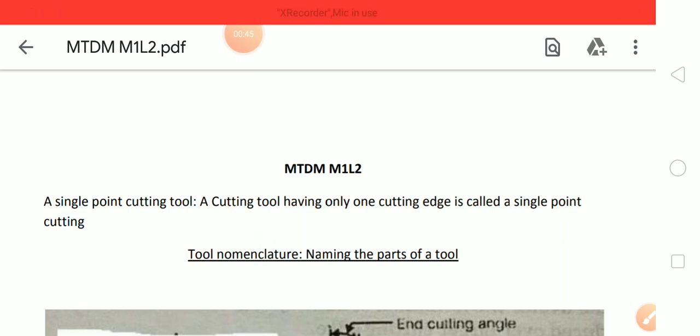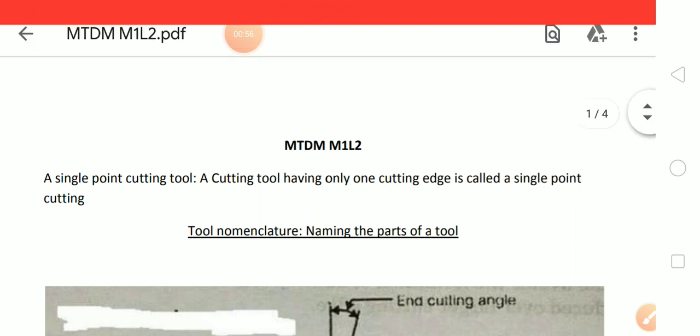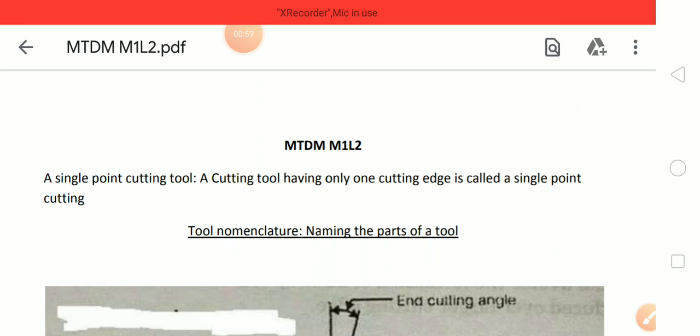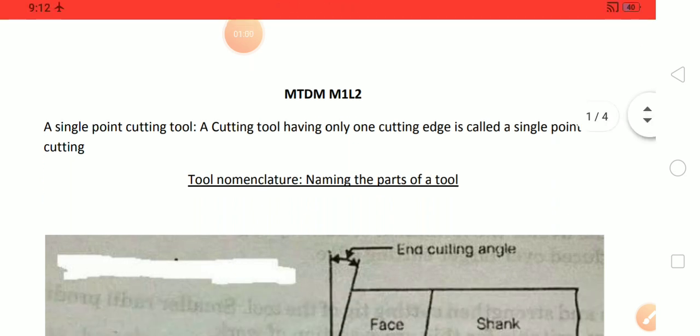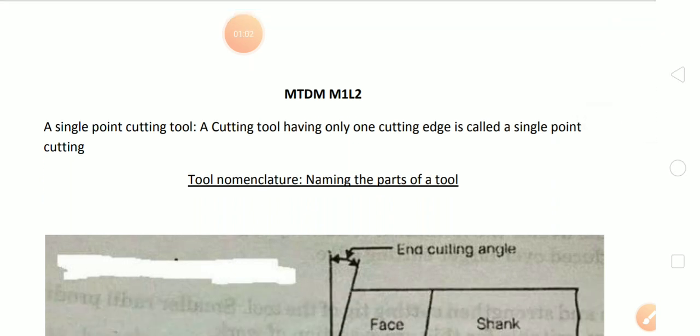Almost 99% of knives have only one edge that can be used for cutting purposes. Similarly, a single point cutting tool has only one cutting edge, and this is the most important cutting tool in industry, with one job or one purpose per tool.